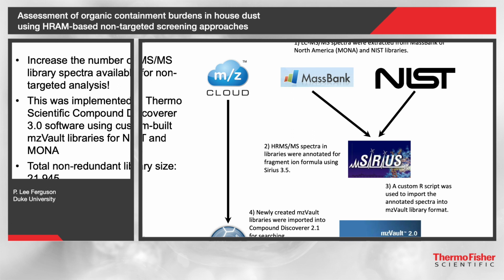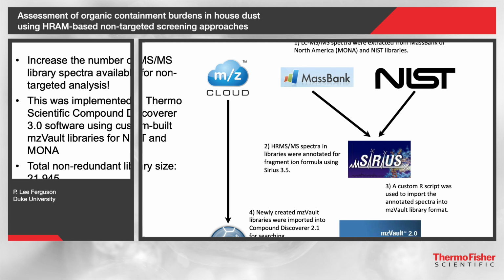So we figured out the database format for mzVault, and wrote a custom R script that takes these data and first processes them through Sirius, which I'll show you in a minute, to annotate all of the high-resolution MS/MS spectra in both MassBank and NIST, annotate all the fragments for formula, and then load those into an mzVault database that can be put into Compound Discoverer, so we can search our spectra in an integrated way.